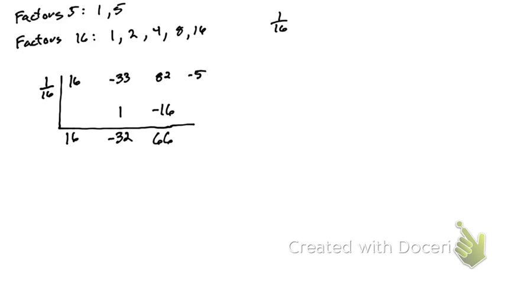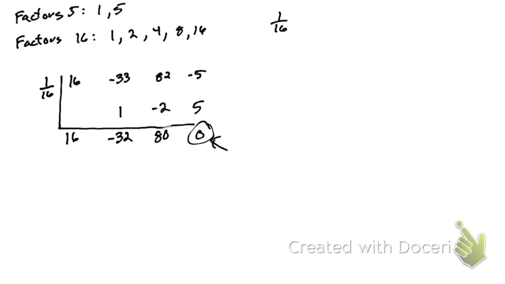Wait, did I make a mistake somewhere? Oh, okay, I know what I did. 1 over 16 times negative 32 should have been negative 2. That makes more sense. All right, and then we'd have 80. 1 over 16 times 80 equals a positive 5. That would equal 0.